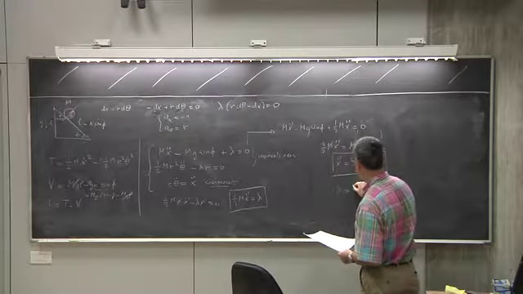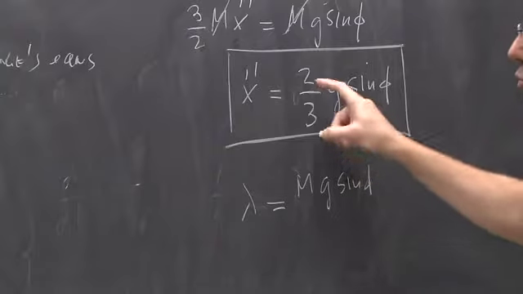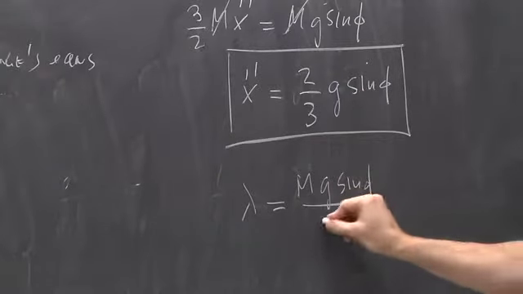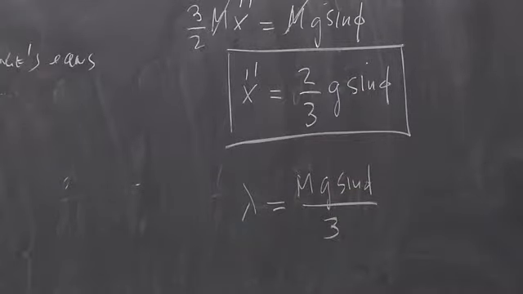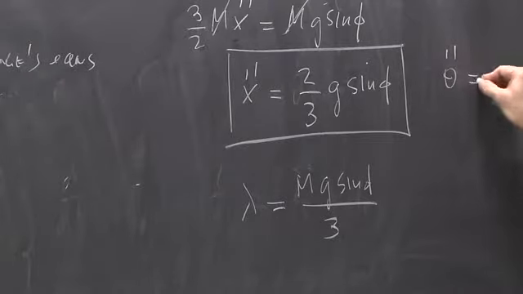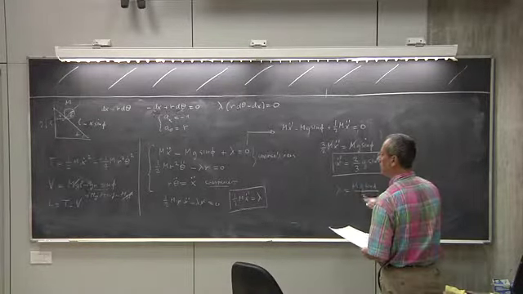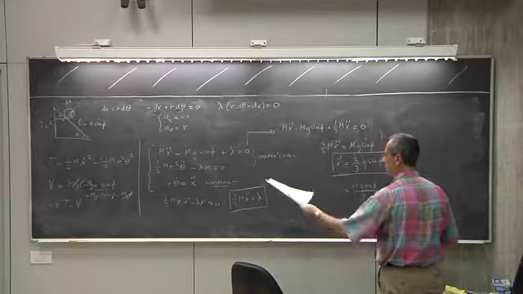So I get mg sine phi, then 2/3 divided by 1/2, so I only have 1/3. And if you want, I can also write the equation for theta dot dot. That is just from there.